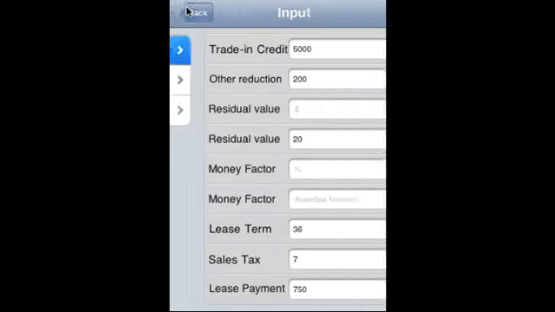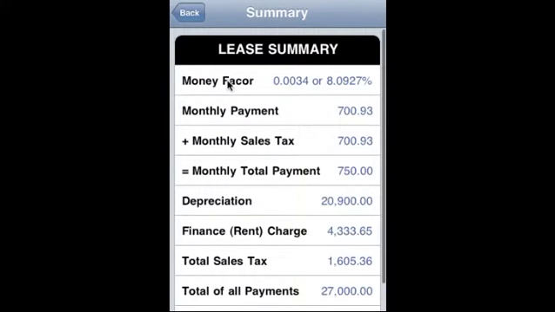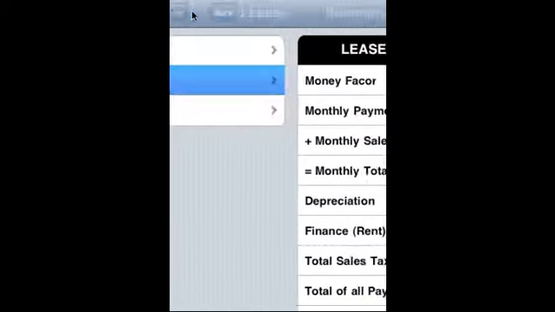So in this case, we go back, and here we find out the money factor. The lease application allows us to calculate, number one, the monthly payment. Number two, if we supply the payment that the dealer is quoting us, we can find out the money factor or the interest rate we are being charged.